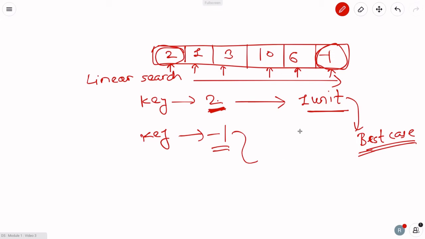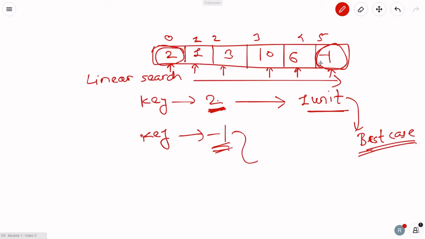In this array we have 0, 1, 2, 3, 4 and 5 as the indices, and -1 is present as the sixth element. So this linear search is going to take 6 units of time, as -1 is present at the last location.